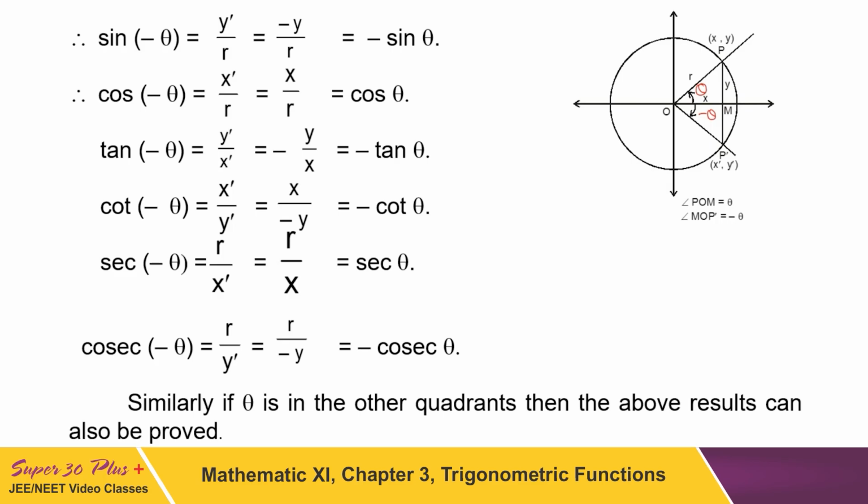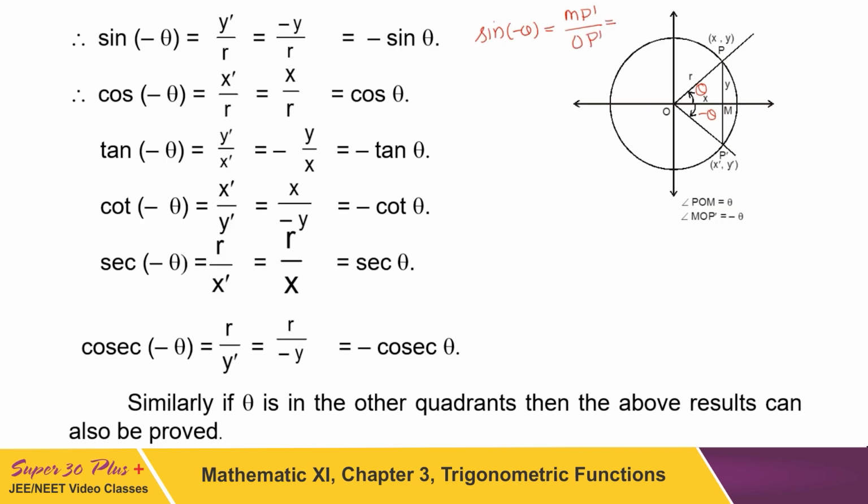Now in the triangle MOP, what is the value of sine theta? And in the triangle MOP dash, what is sine minus theta? Sine minus theta is equal to Y dash, meaning MP dash upon OP dash.